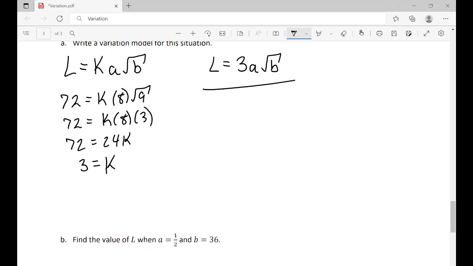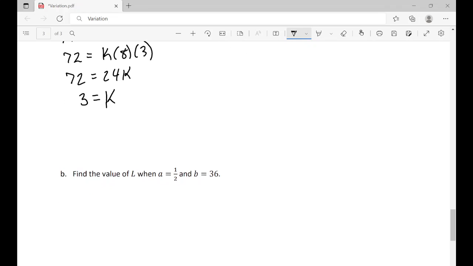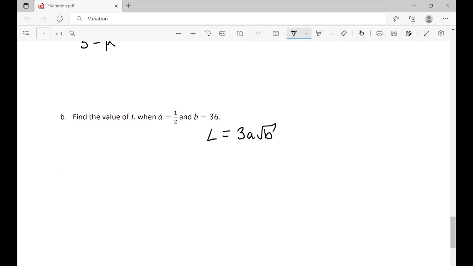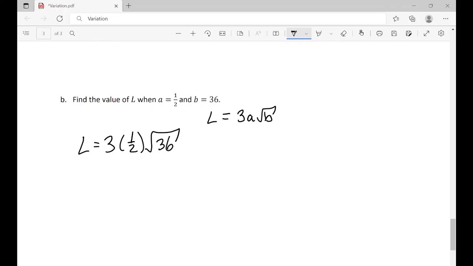And now I'm going to find the value of L when a is a half and b is 36. So I'm just going to rewrite it down here. So L equals 3a square root of b. And just plug in what my a and b are. Solve for L. So L equals 3 times a half times, don't really need the parentheses there, square root of 36.